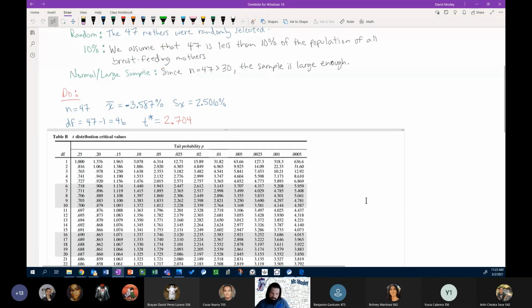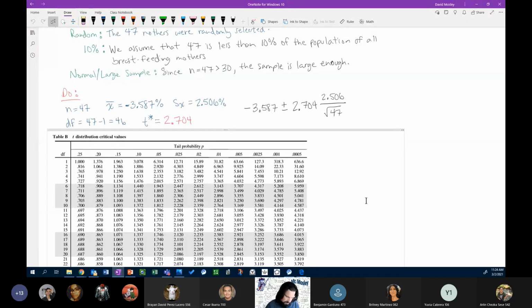So we'll go back up here and calculate our interval. And that's going to be negative 3.587 plus or minus 2.704 times 2.506 divided by the square root of 47.